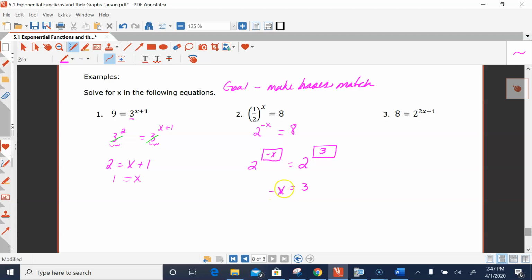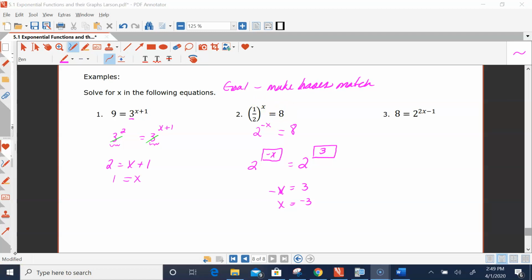So I get negative x equal to 3, and when I solve that for x, x is equal to negative 3. You could go and check your work by putting negative 3 back in place for x on your calculator. 1/2 to the negative 3 power is equal to 8.